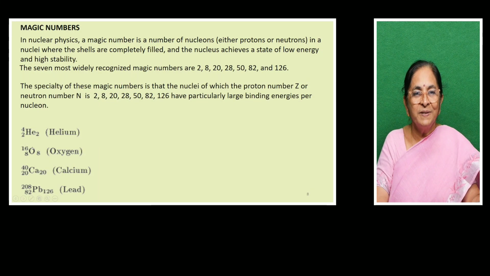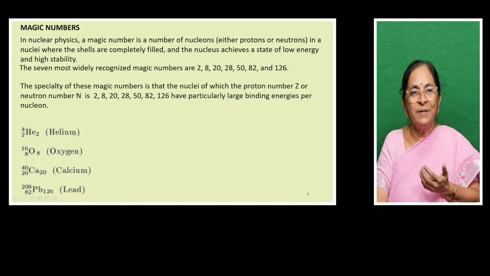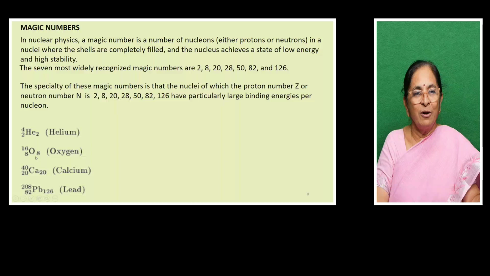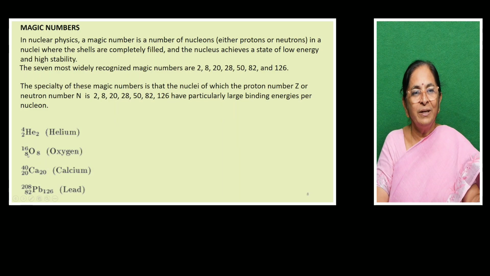For example, oxygen, which gives us life, has higher stability. If this nature weren't there, oxygen would disappear and we all would suffer without oxygen for our breathing. So here you can see 8 protons and 8 neutrons, both nucleons have magic numbers.